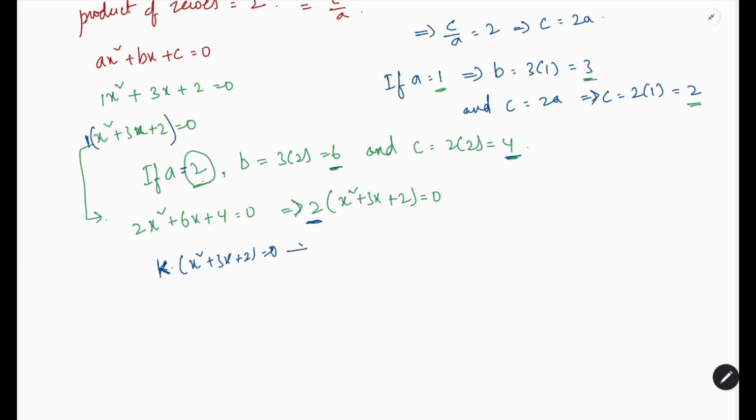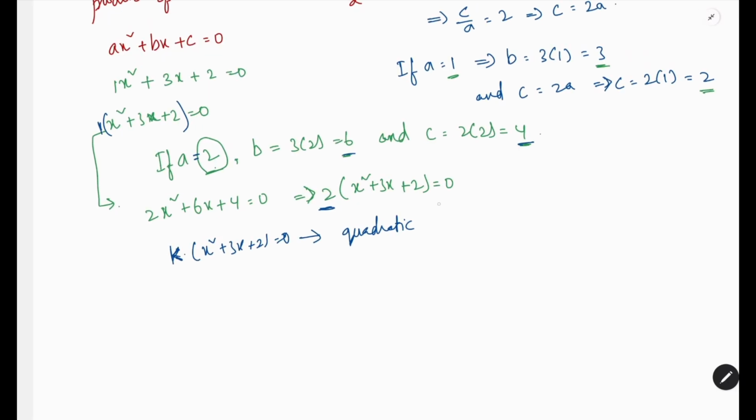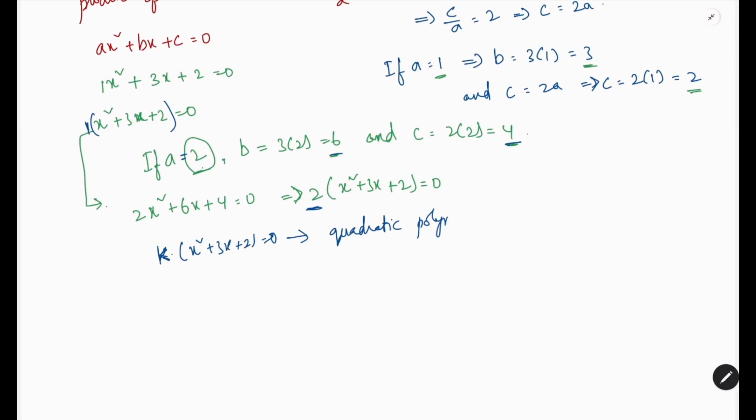So this is the quadratic equation, the quadratic polynomial. k can be any value, where k is any value from 1, 2, 3 up to infinity.